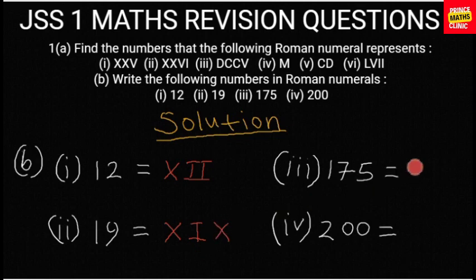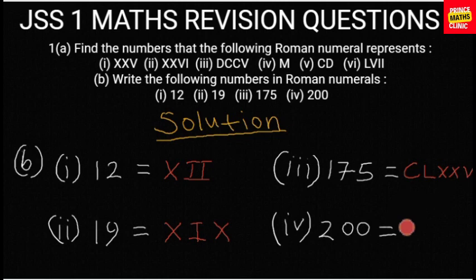Good. Then let's look at this third one, 175. 175 is the combination of 100 plus 50 plus 20 and 5. So let's go. 100 is C. Then 50 is L. Then 20 is X. Then 5 is V. Good.